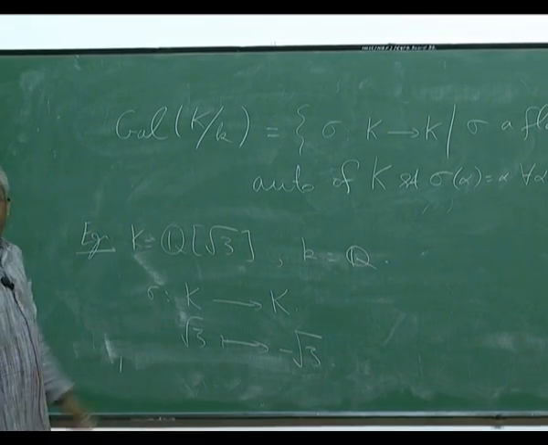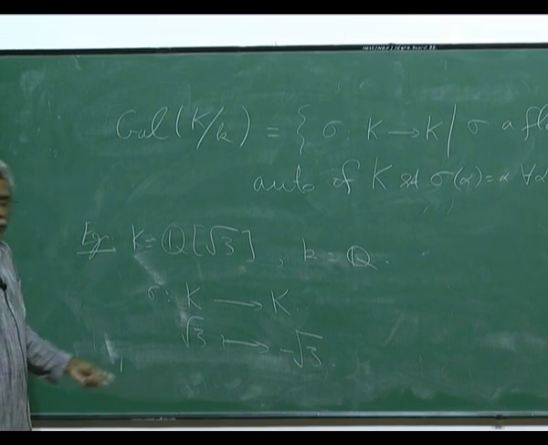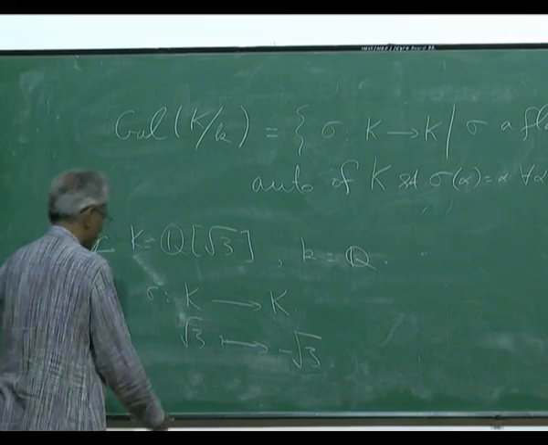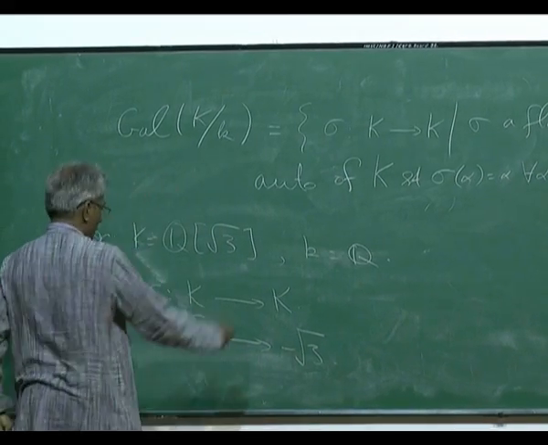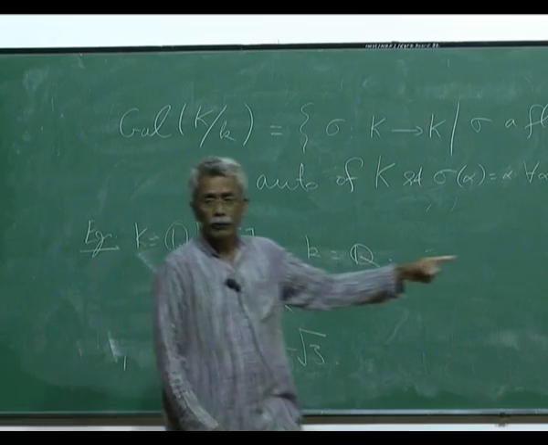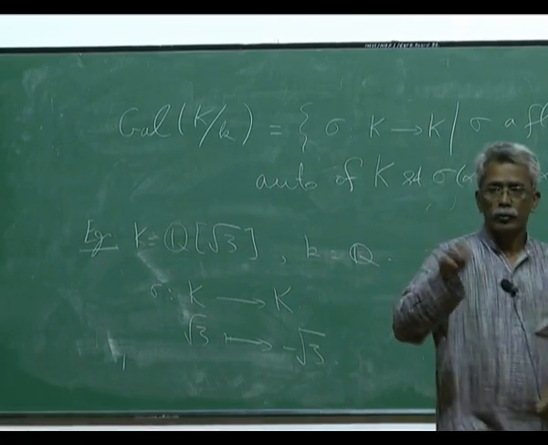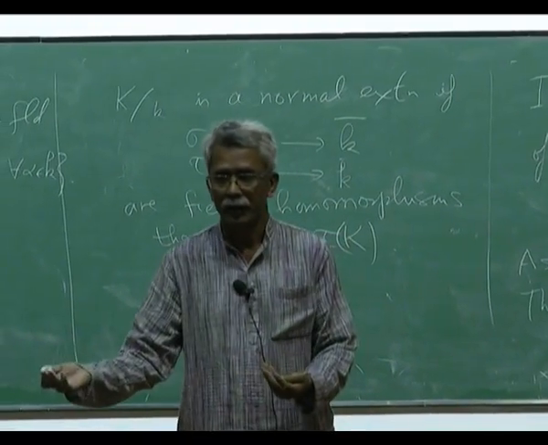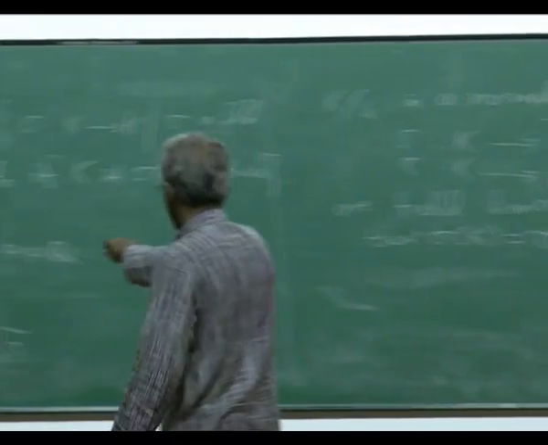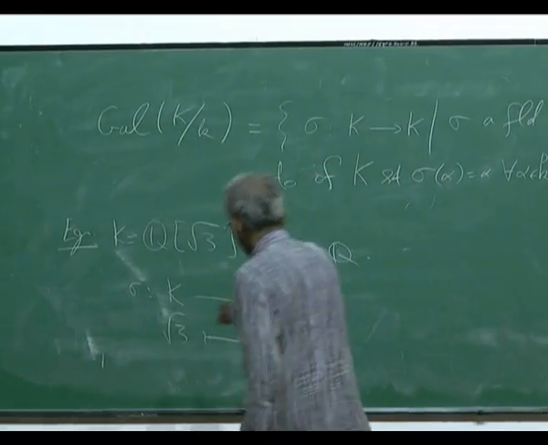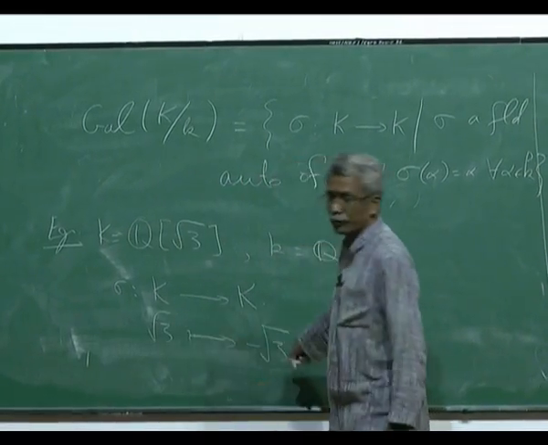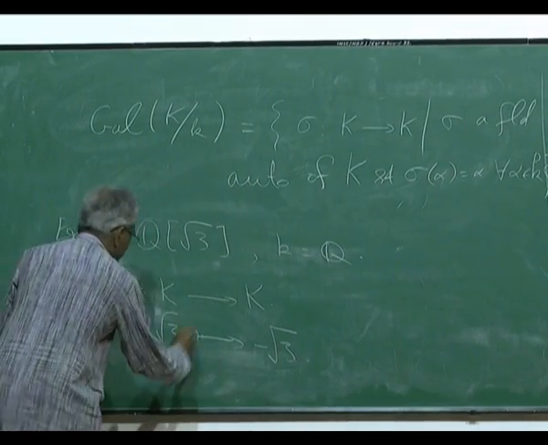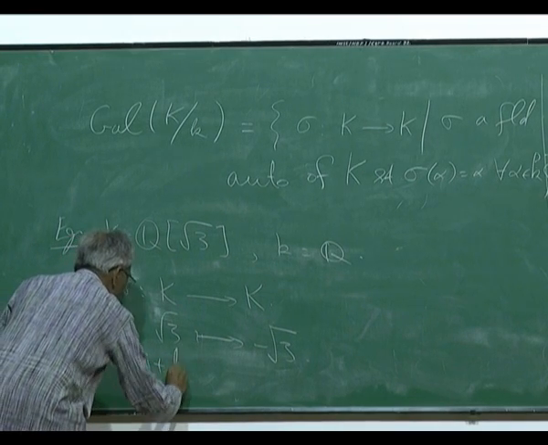This is an automorphism. Why so? Because minus root 3 also is a root of that same polynomial x squared minus 3 equal to 0. So, I can send this root 3 to minus root 3, and then just by direct verification, I have not really explained what I mean by that.